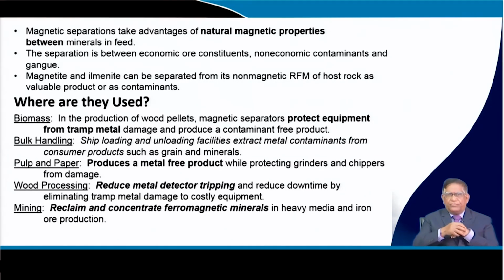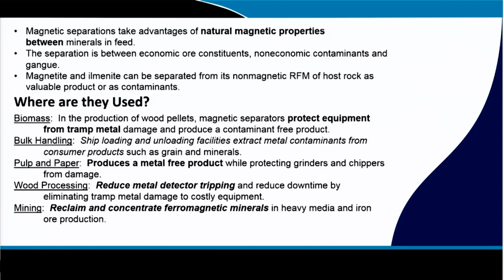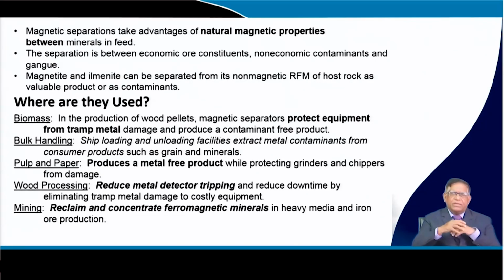If any iron particles or magnetic particles come in, they may go into the next processing and create problems. These are called tramp metal. Tramp metal means whenever foreign magnetic, metallic particles come into your system, you have magnetic systems to separate them out.